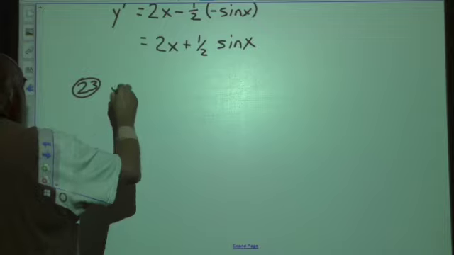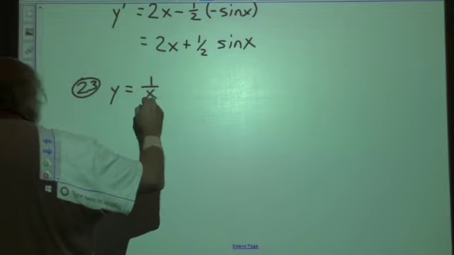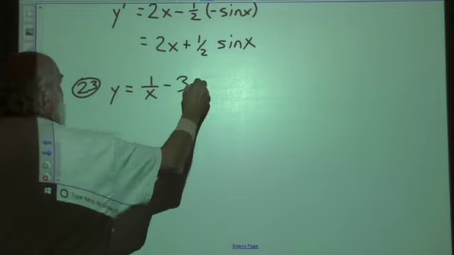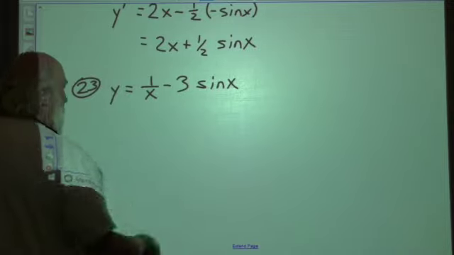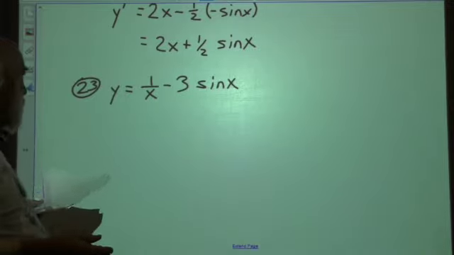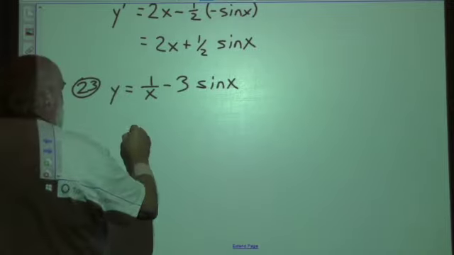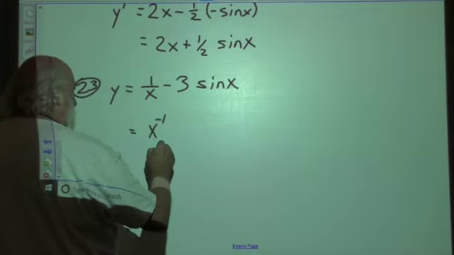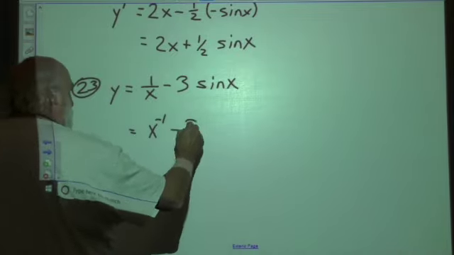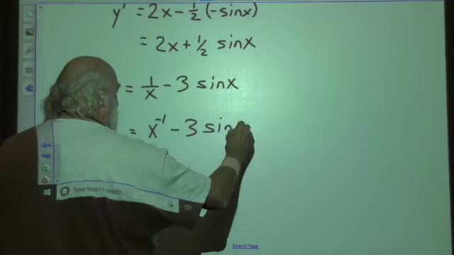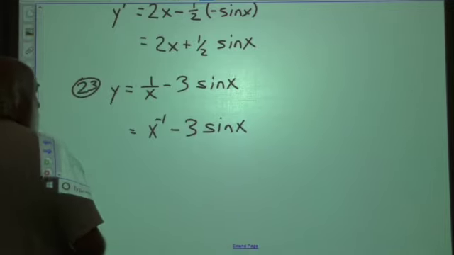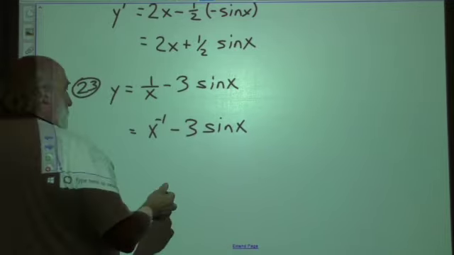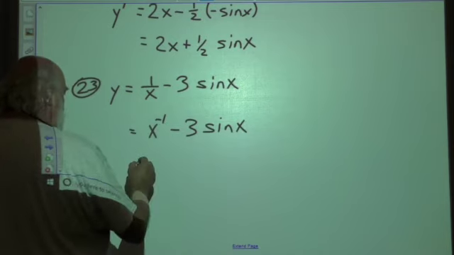This one is y equals 1 over x minus 3 sine x. So again, this is two separate derivatives. First one here, this is x to the negative 1 power minus 3 sine x. And so if we look at it from that aspect, we move the negative 1 in front of that.